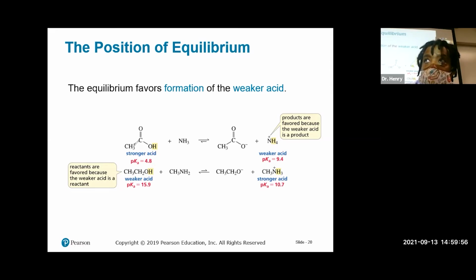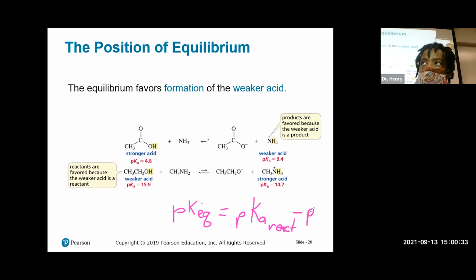The pKa of our carboxylic acid is going to be, so it's the equilibrium, sorry, pKeq is going to equal pKa reactant minus pKa product.